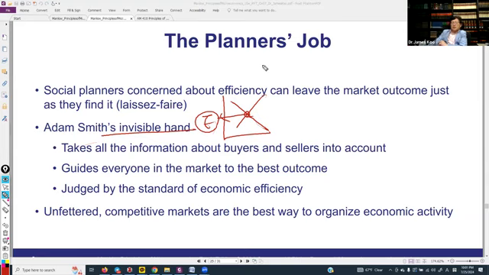The price takes all information about the buyers and sellers into account and guides everyone in the market to the best outcome, judged by the standard of economic efficiency. Unparalleled, competitive markets are the best way to organize economic activity.